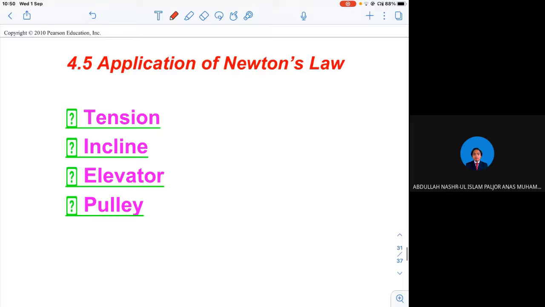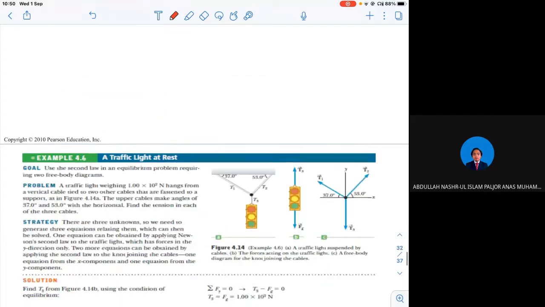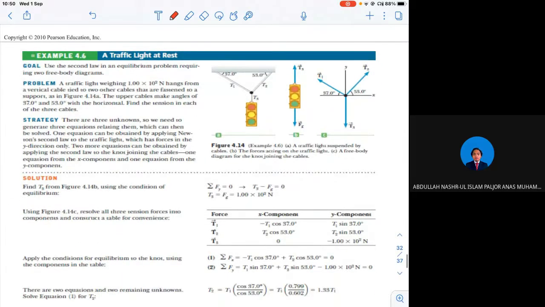For example, we have tension. What is tension? Like this. So this is some tension. Why do they use tension? Tension is also a force. Don't get me wrong, don't confuse what tension is. Tension is also a force, because it also applies some pull and push to the system.